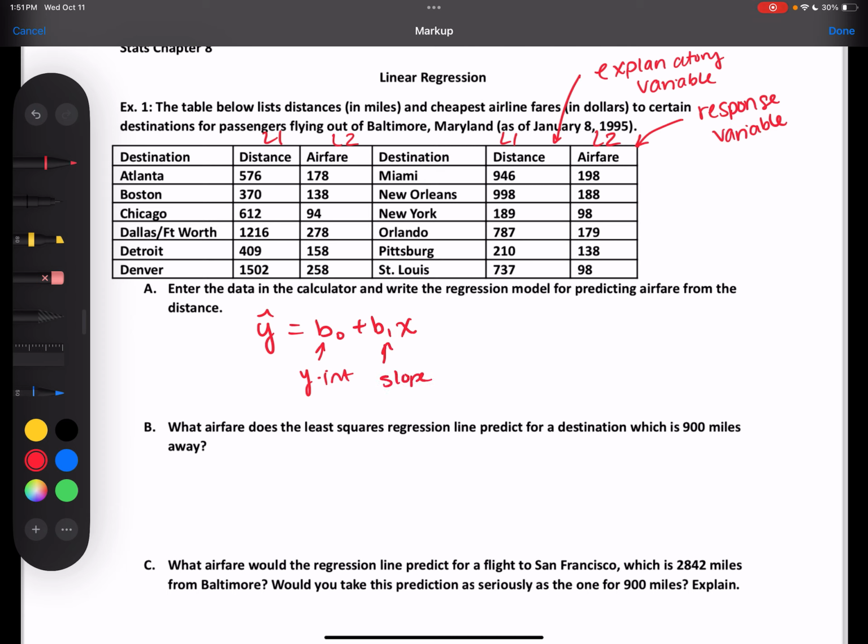So I'm obviously going to be doing this for this specific problem. This is just the generic form of it. So I'm going to have airfare hat is equal to, so what did we get for the y-intercept when y'all put it in?